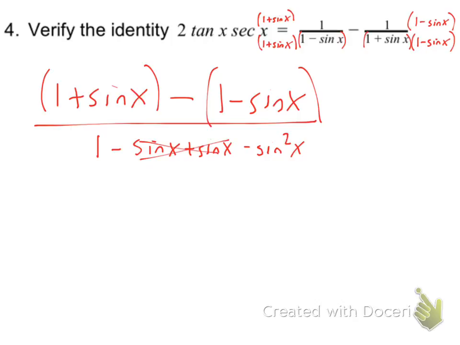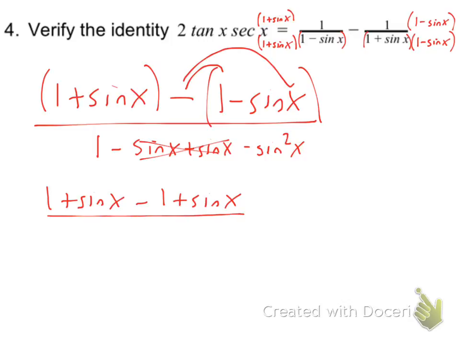Now, as I'm moving on to my next line, I'm going to put the top together. And if I do that, I end up with 1 plus sine of x minus 1 plus sine x all over 1 minus sine squared x. Is everybody okay with that?